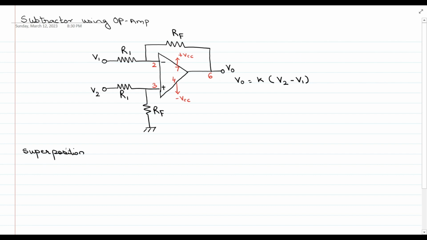So when superposition theorem is used, the output equation becomes output due to input 1 plus output due to input 2. Let this be equation 1.